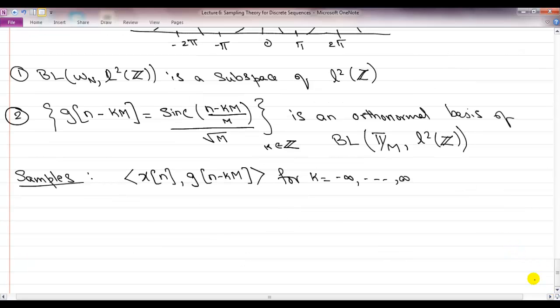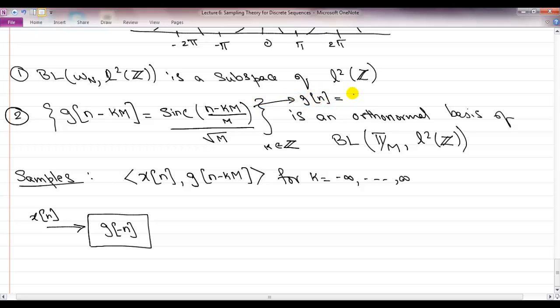And we have talked about it many times, if you want to implement this in hardware, you take your x[n] and filter it by g[minus n], where g[n] is defined as sinc of n over m divided by square root of m.